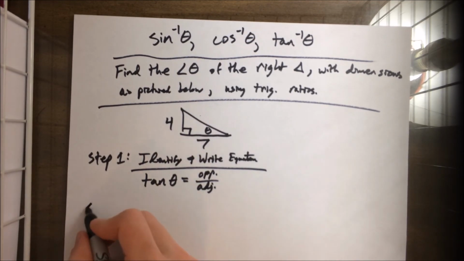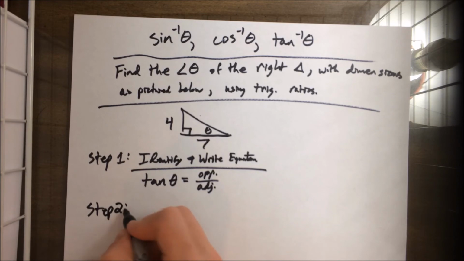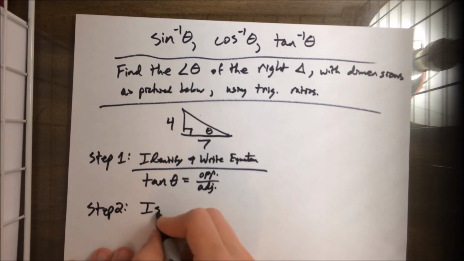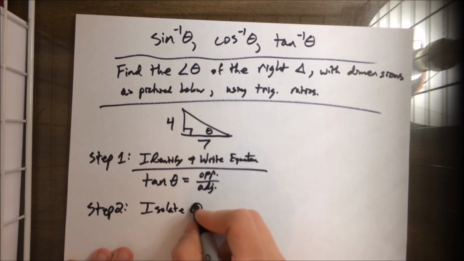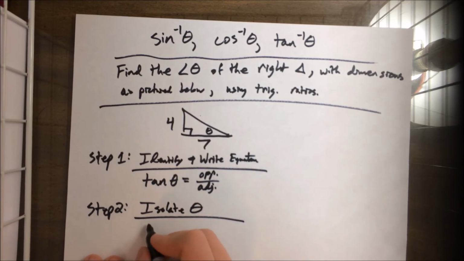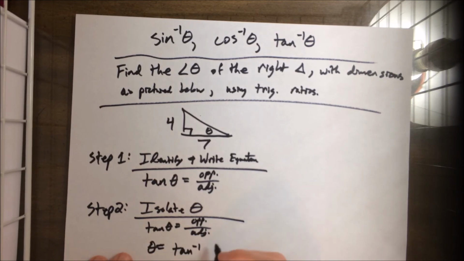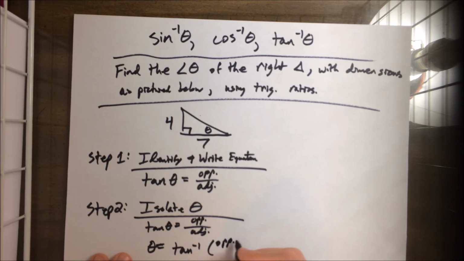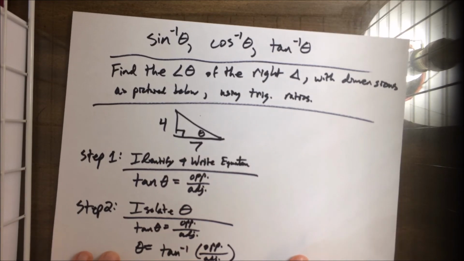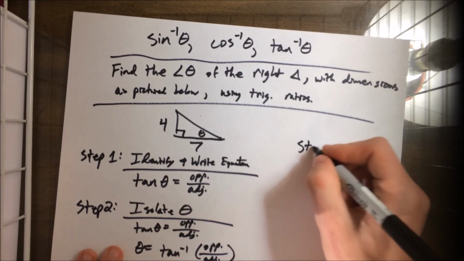So for step 2, you're going to want to isolate theta. To do that, you're going to take tangent away from both sides, which will give you theta is equal to the arctan of opposite over adjacent. Okay, so then now let's go on to step 3.